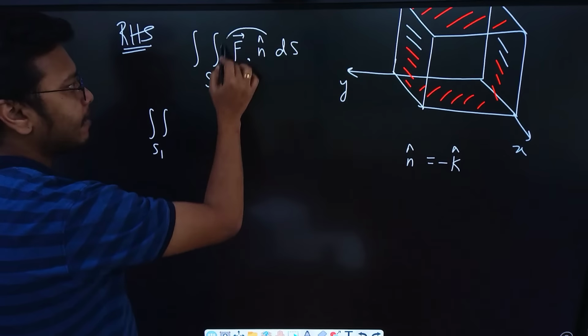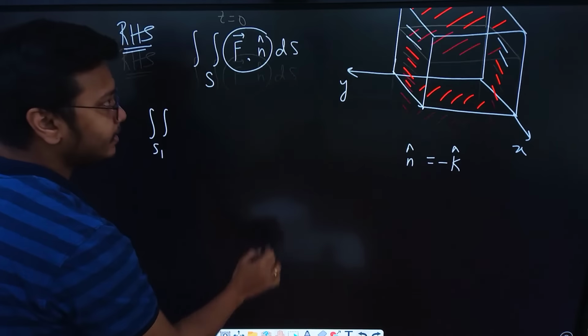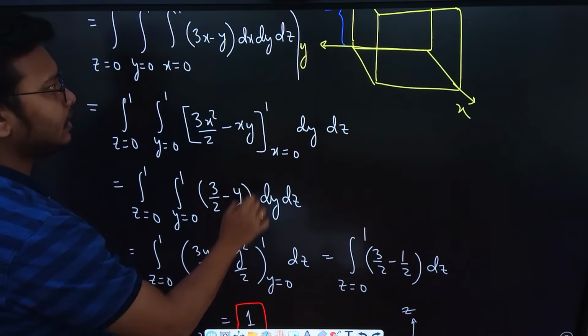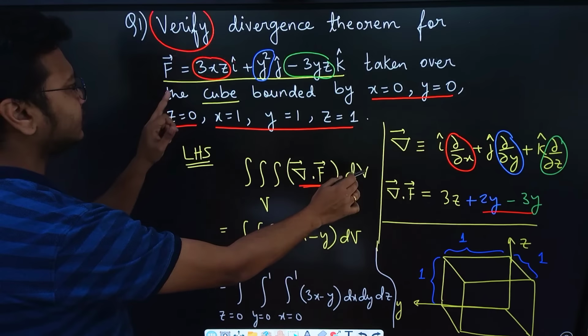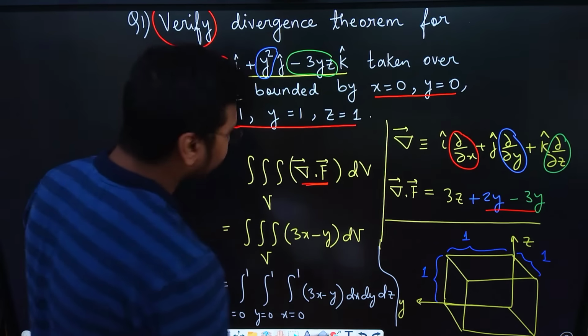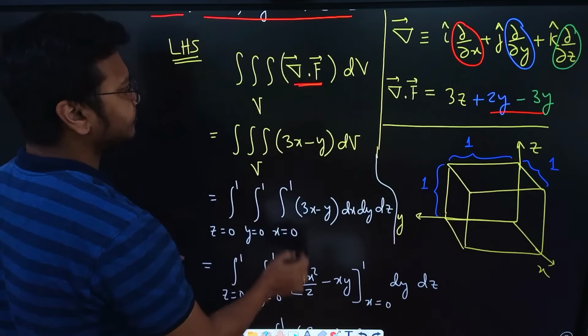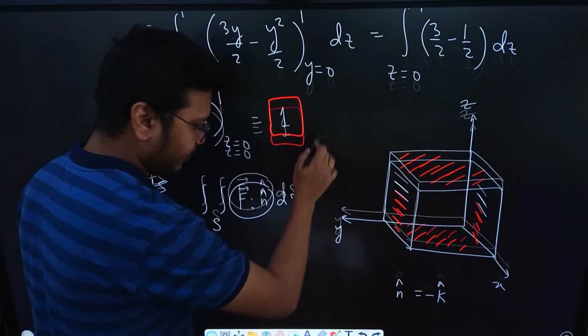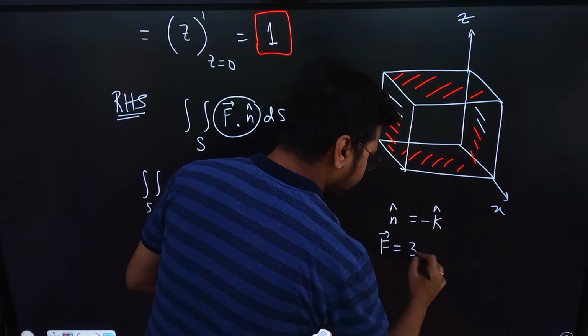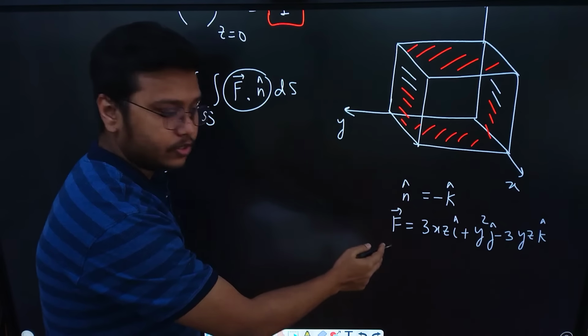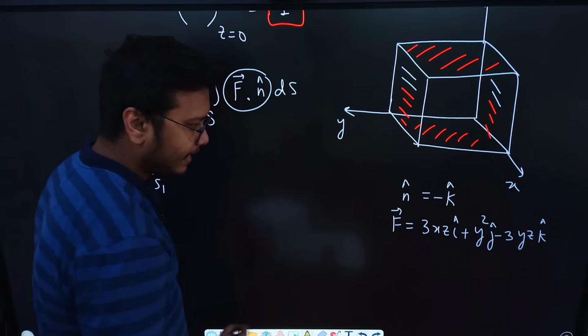Now I need to do f dot n cap. So let's quickly bring our f function. Our f function was, as you can see, 3xz i cap plus y² j cap minus 3yz k cap. So we have got our f vector and the n cap vector.